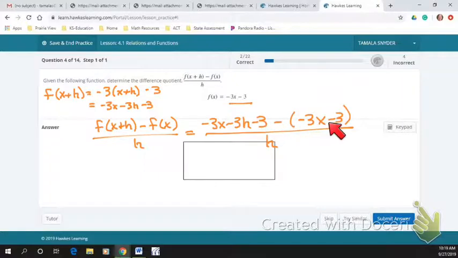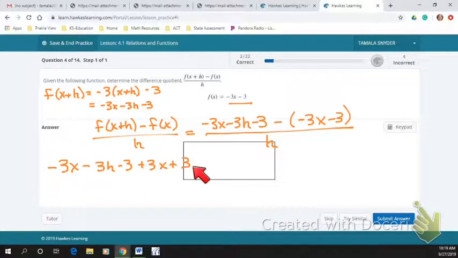Okay, so now we just need to simplify that. I need to distribute this negative and simplify. So if I distribute my negative, I'm going to have something that looks like this. Negative 3x minus 3h minus 3 plus 3x plus 3. Because I had negatives inside of both of these, and that means give me the opposite.